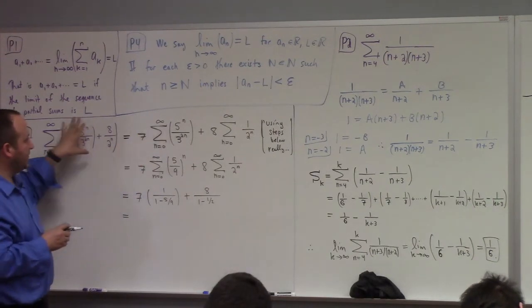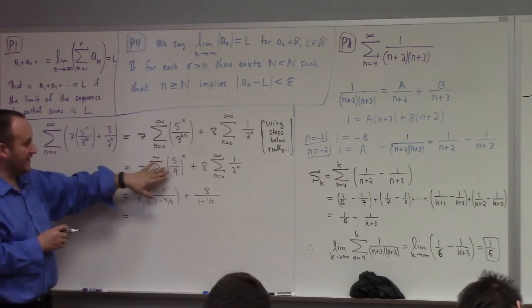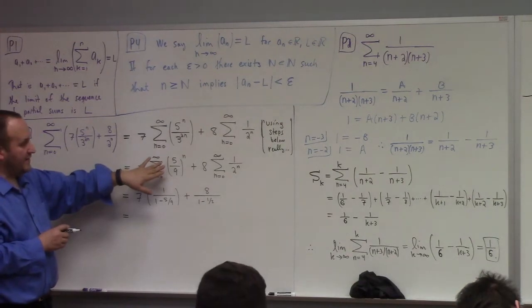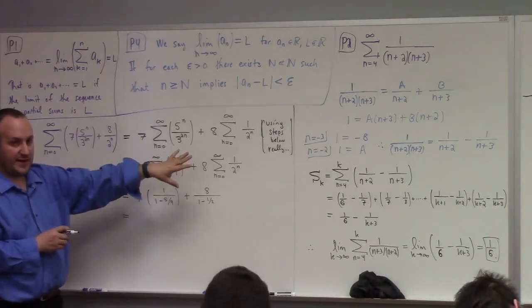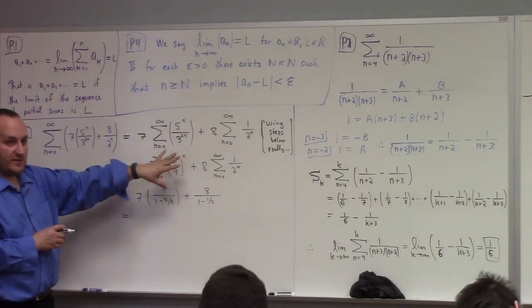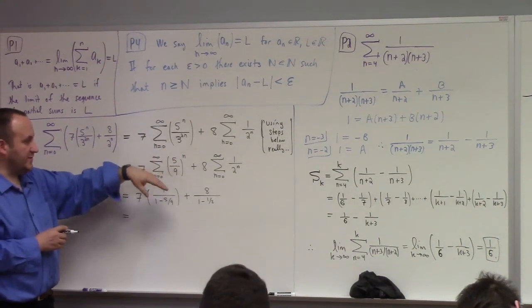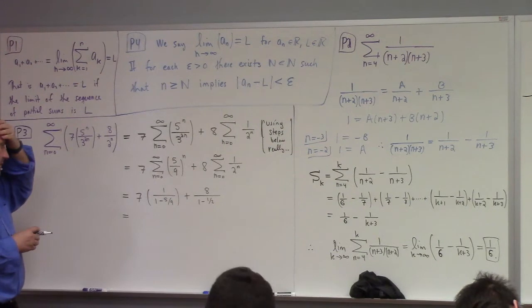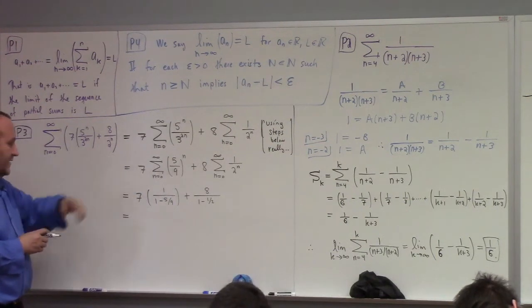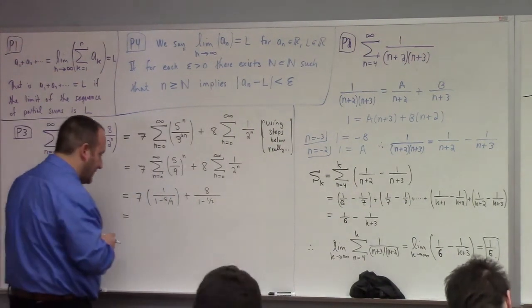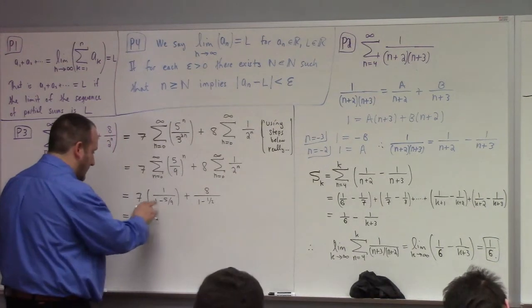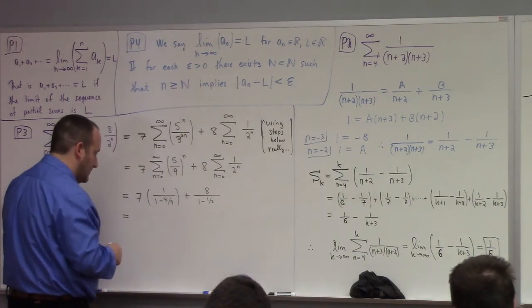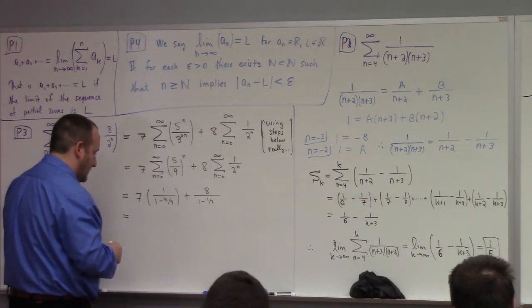After you clean this up, you can see that the first term gives us a geometric series with ratio 5/9, and the second term is a geometric series with ratio 1/2, both of which converge because the ratio is less than 1 in absolute value. And so whatever that works out to, I haven't finished the arithmetic here. That's 4/9.